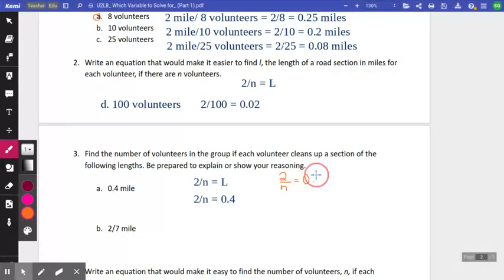If I went to solve this equation here, what's that first step we want to do? Well, to get rid of this fraction, I want to multiply by that bottom number.